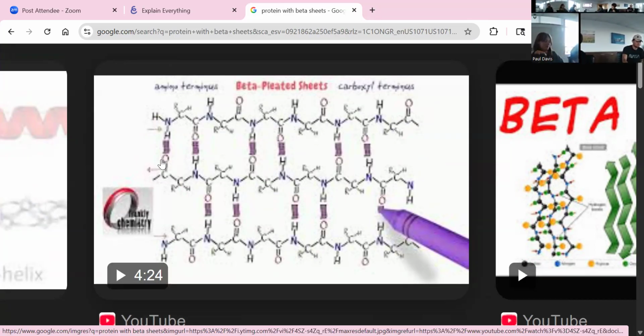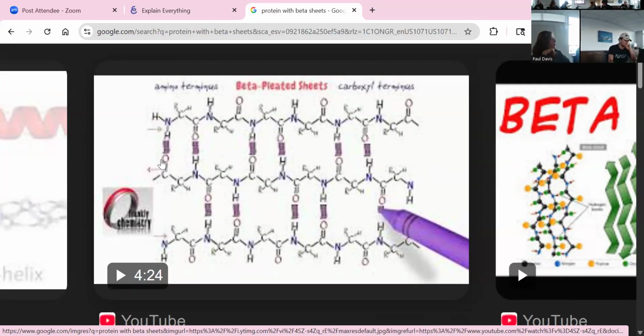Yeah, so do you remember how I talked about hydrogen bonding last week? How water is a prime example of hydrogen bonding? Like this. We have these temporary bonds that form between our oxygen and our hydrogens. So when we're looking at a secondary structure, we're only looking at the hydrogen bonding between the amine group and the carbonyl on the amino acid.